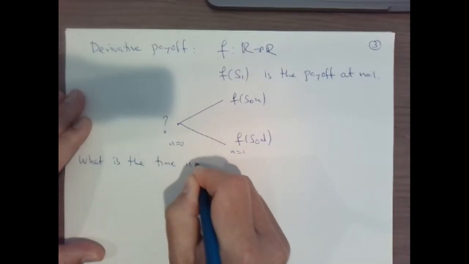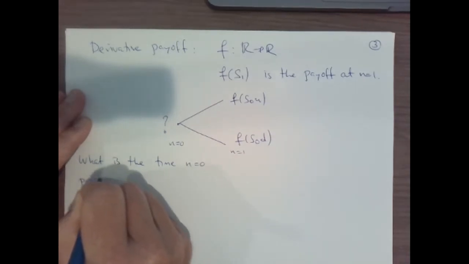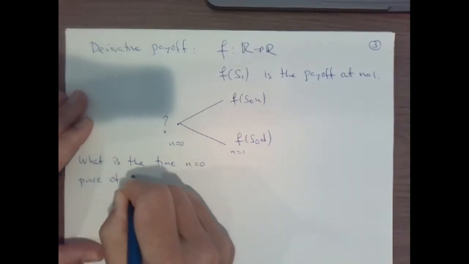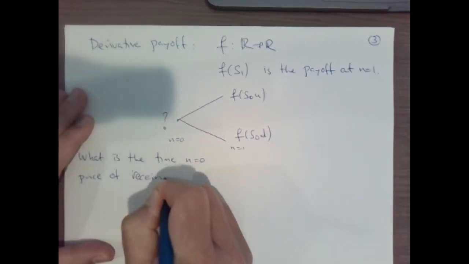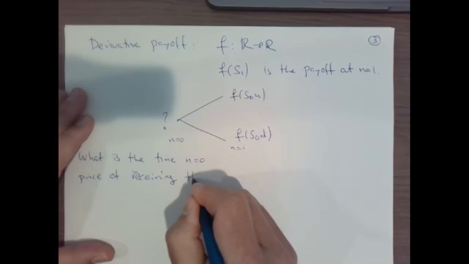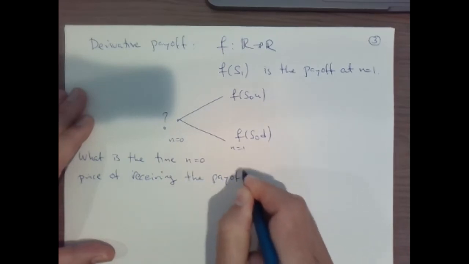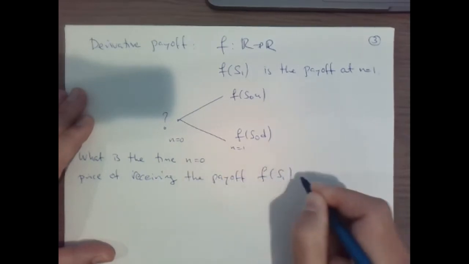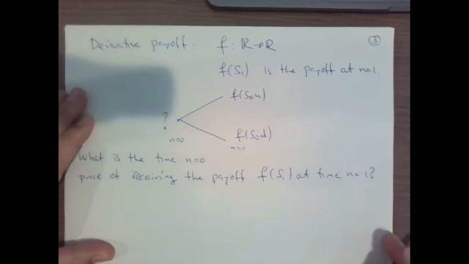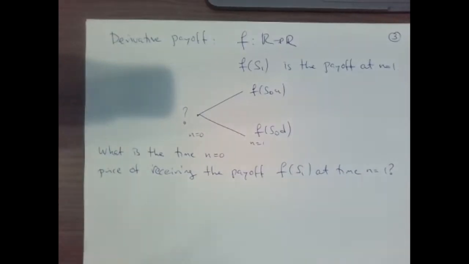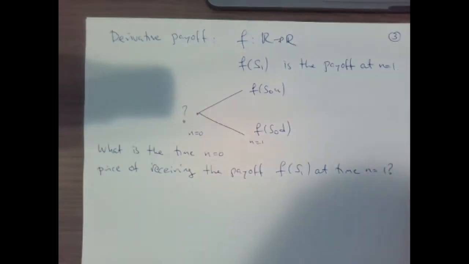What is the time 0 price of receiving the payoff f of S1 at time 1? That's the question we're interested in when it comes to derivative pricing. And the way that we did this 2 weeks ago is we do replication.